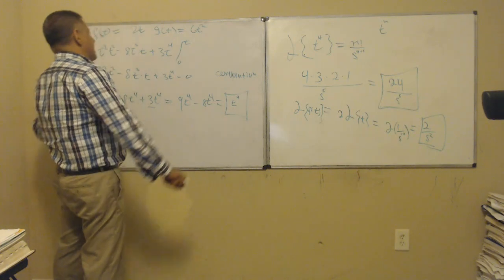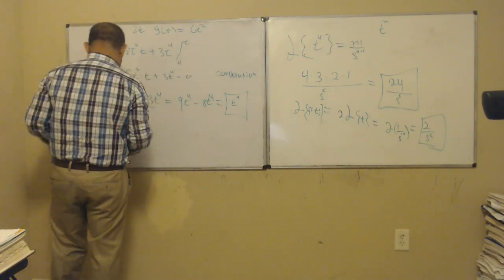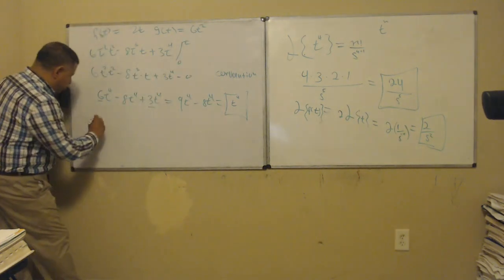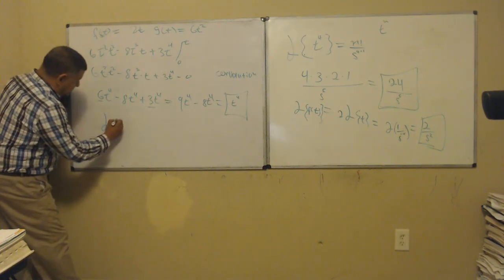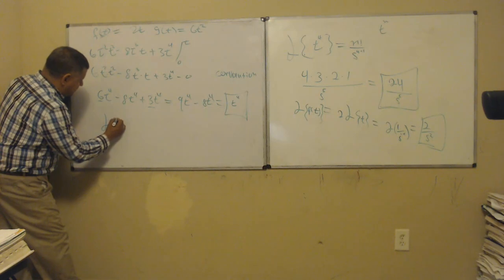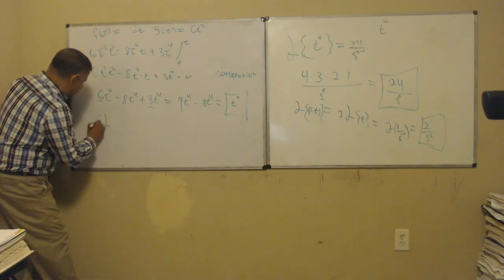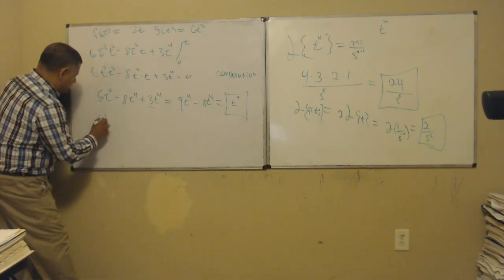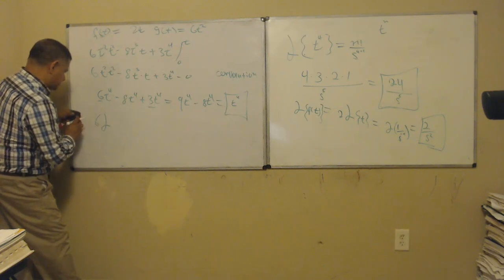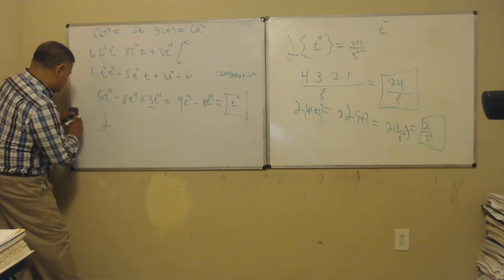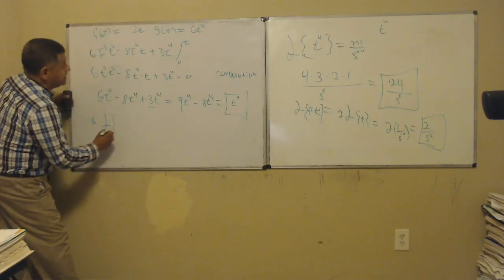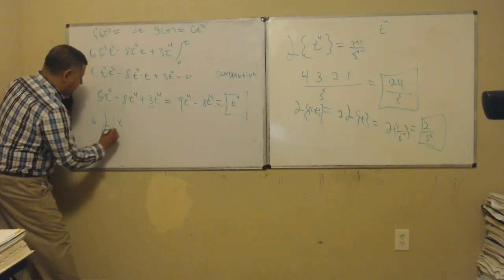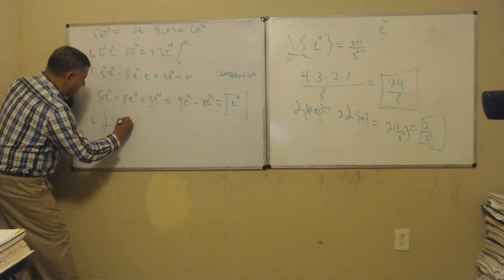Now let me do the Laplace transform for this guy. The Laplace transform for this is going to be 6, and inside is going to be a t squared.